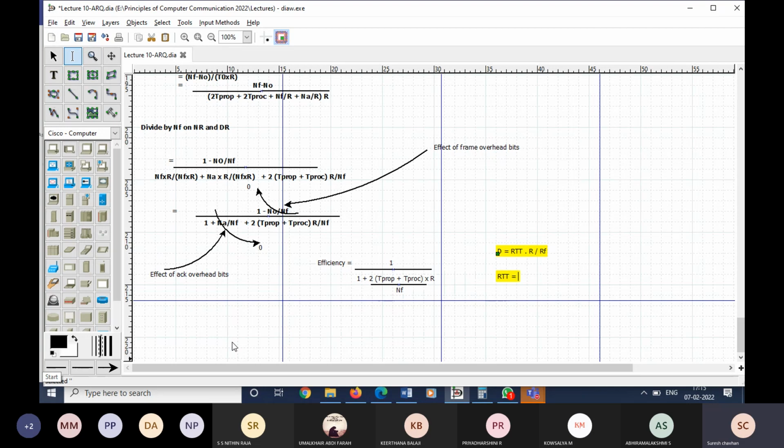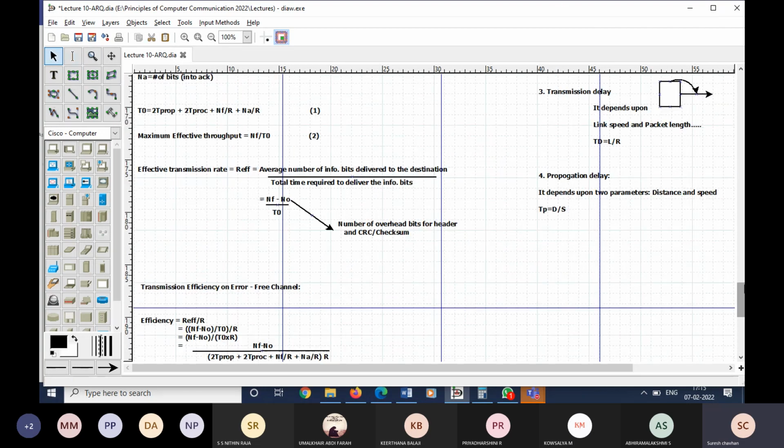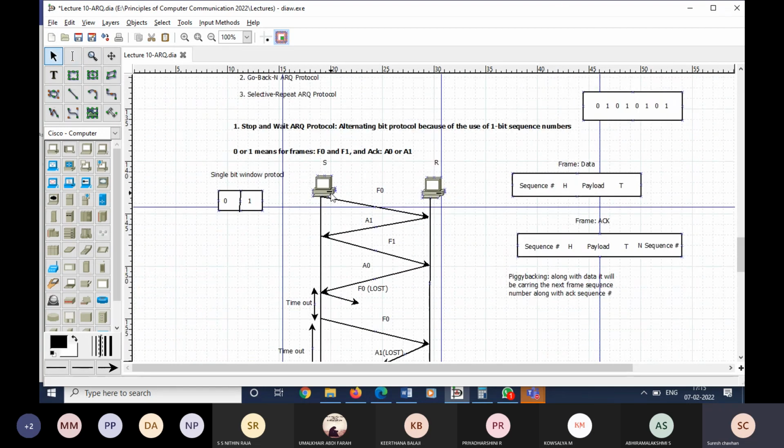RTT, round trip time. At the beginning I have told you round trip time means the time taken by the sender to transmit the actual data frame and receive the acknowledgement frame from the receiver. So whatever time it takes, we call the round trip time.